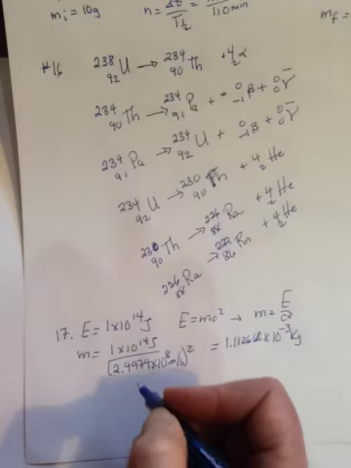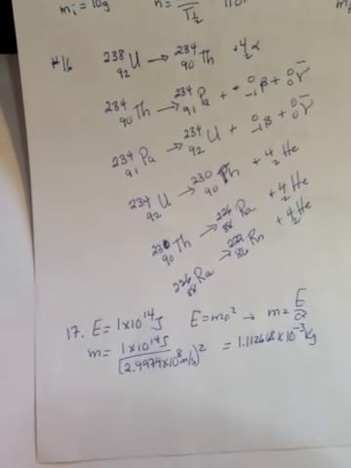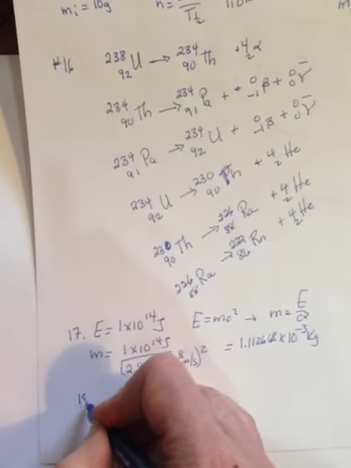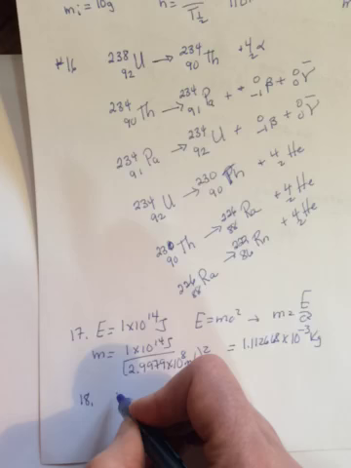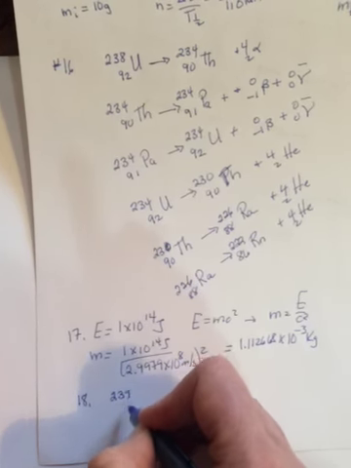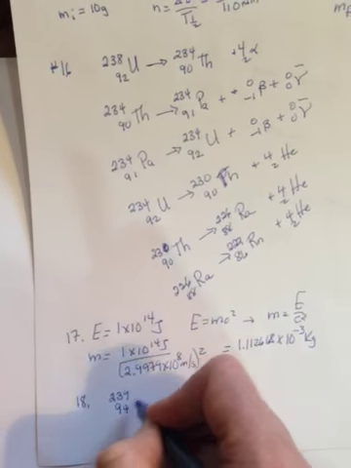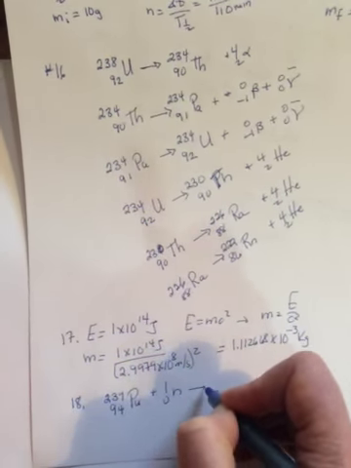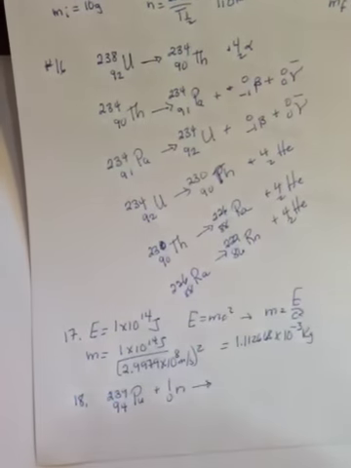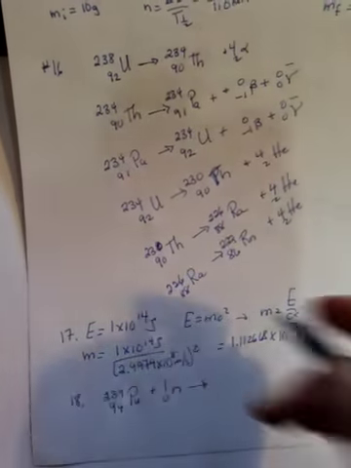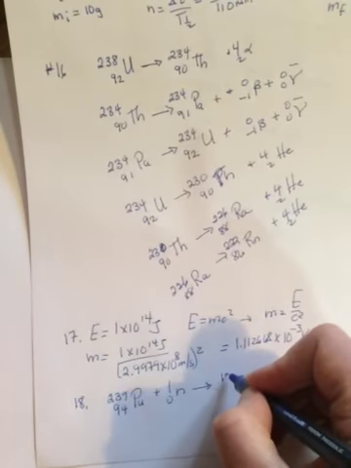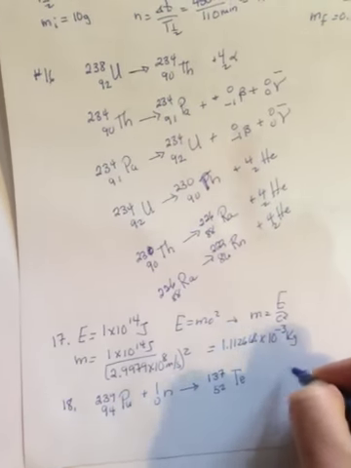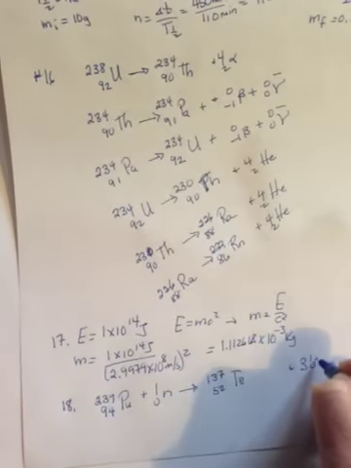So 1 gram? Number 18, complete the following. So this is a fission, and it's plutonium-239, 94, and you're shooting in a neutron, and it tells us that we're getting out technetium-137, 52, and 3 neutrons.